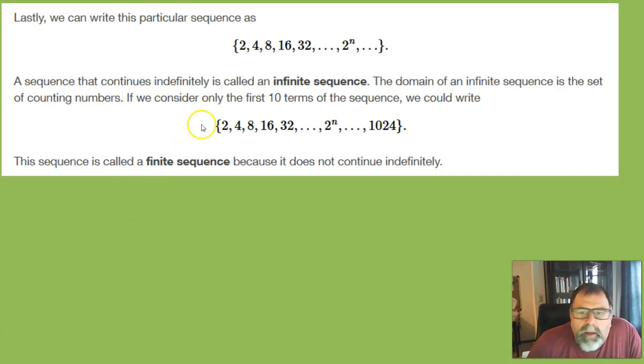I want to highlight a couple of definitions here in the text. Since we can explicitly state the nth term as 2 to the n, you can write the sequence as follows: 2, 4, 8, 16, 32, and so on, and then 2 to the n, and so on.